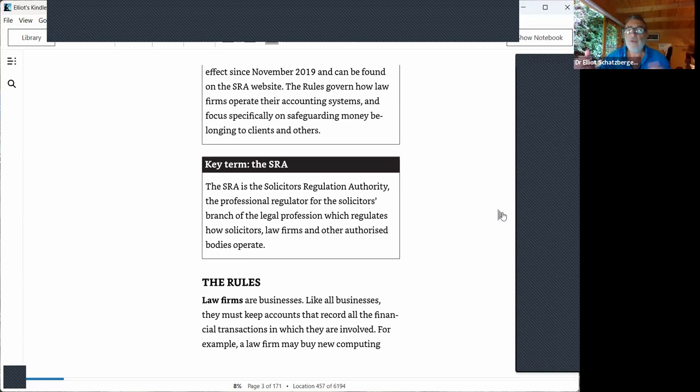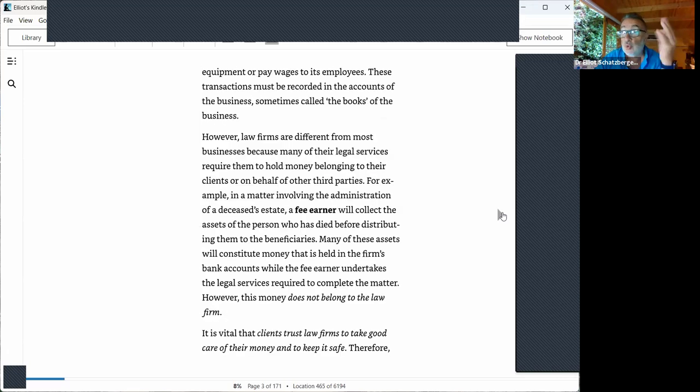Of course, they are the regulator of solicitors. So the rules apply to your business. And therefore, the most important thing here is to understand the difference between your money, as in the law firm's, and the client's money.